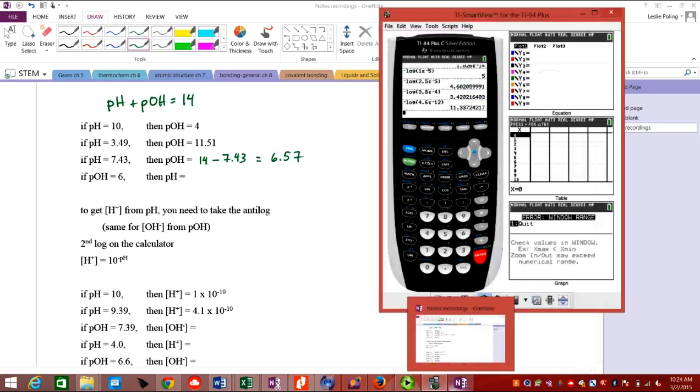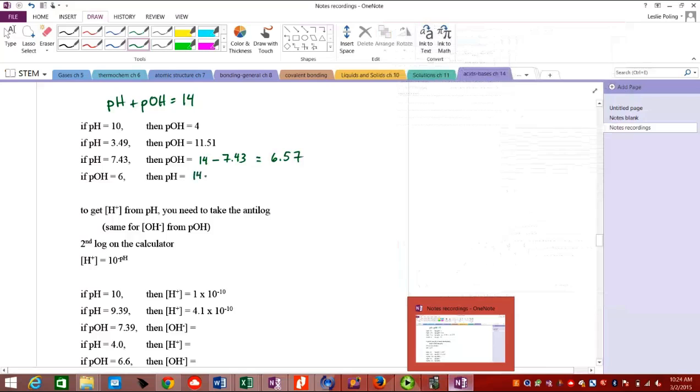Since I had a little brain blank, I'm going to try it on the calculator to make sure. All right, good. pOH is 6.57, and pH is 14 minus 6.57, which would be 8.